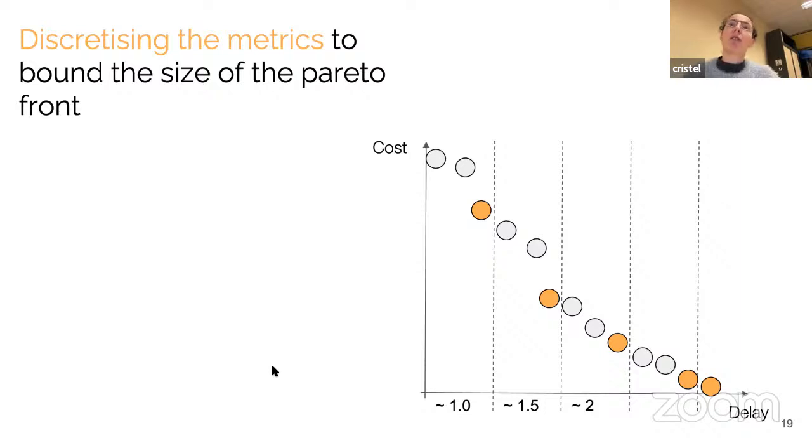We have some measurement artifacts that make us not able to measure paths with an error below 0.1 milliseconds. So in fact, it's not a continuous problem. We can sample the delays, and we can only keep one solution for each interval within our error rate, which gives us a reduced Pareto front to maintain.